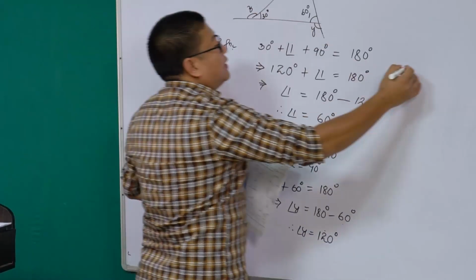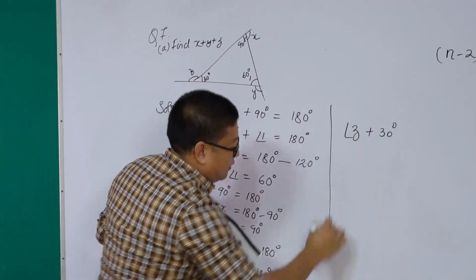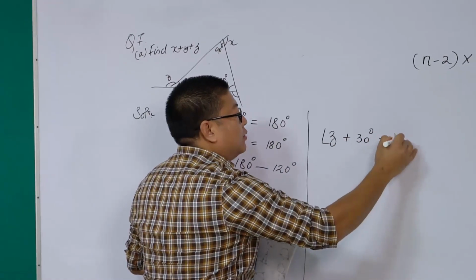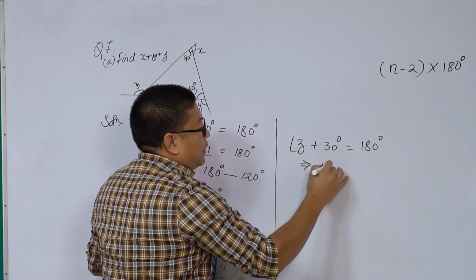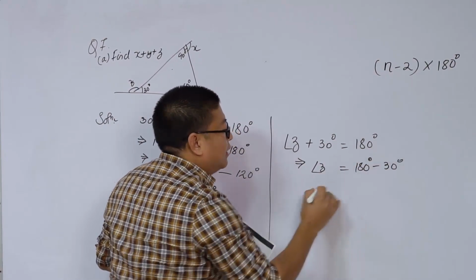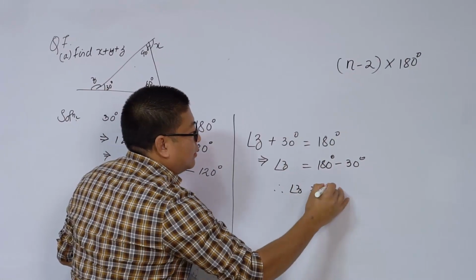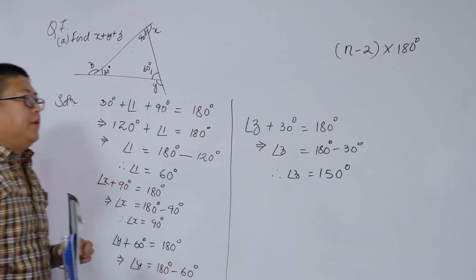Finally, with z, similarly, angle z plus 30 degrees is equal to 180 degrees. We take plus 30 to the other side, it becomes minus 30. Therefore, z is equal to 150 degrees.